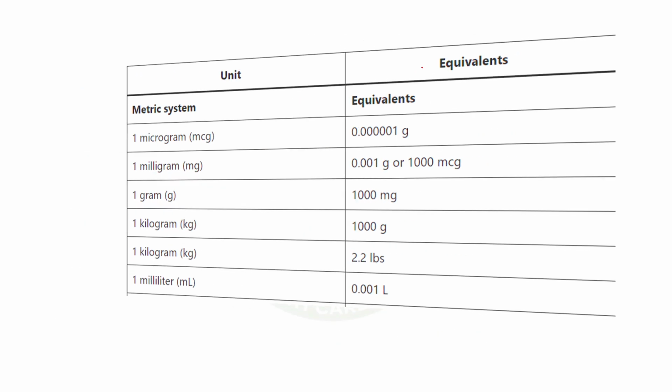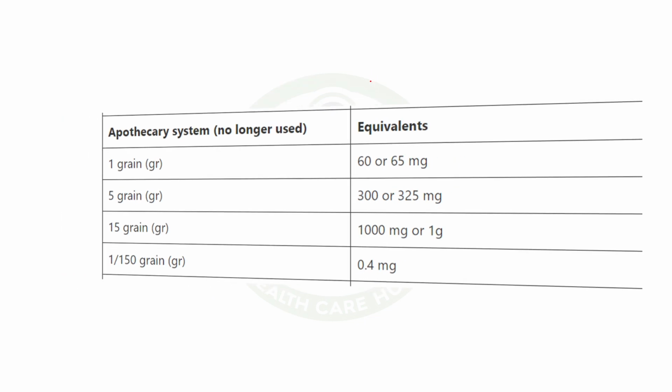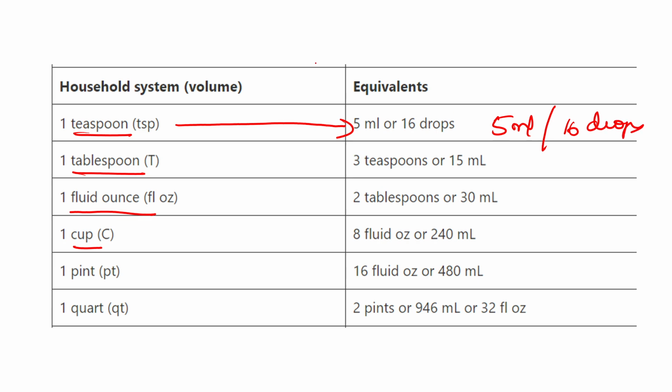Like that, the metric system and the apothecary system, I have told you, this is the old Roman method, which we are not following right now. Then the household method: teaspoon, tablespoon, 1 ounce or 1 cup. So 1 teaspoon is equal to how much? It is equal to 5 ml or 60 drops.